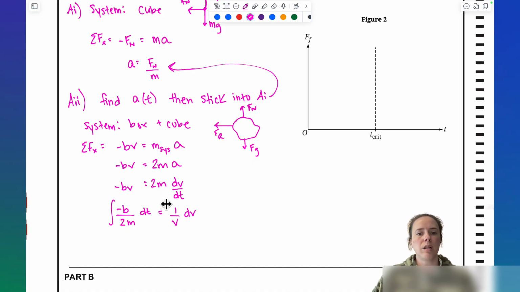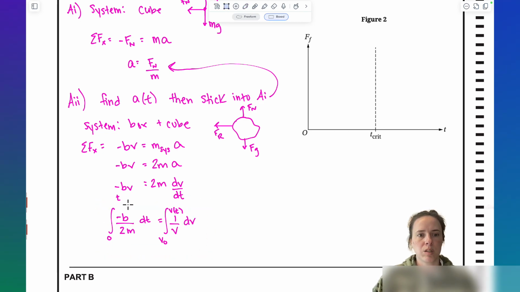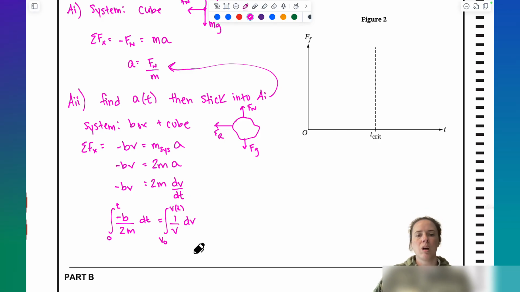We need to integrate those with appropriate limits. My time is going from 0 to some future time t before I hit the ground. My velocity, I'm starting at some initial velocity and I'm going to a future velocity v of t. All right, let's integrate that.